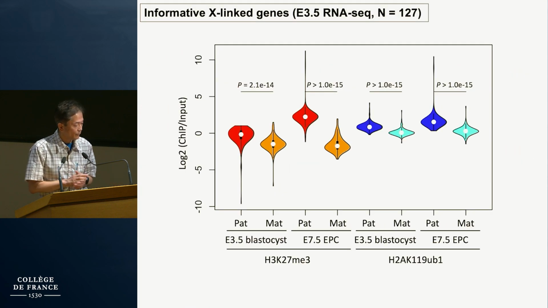And then we focused on the genic region of the informative X-linked genes in this E3.5 RNA sequencing. What we saw is that in E3.5 and E7.5 embryos, H3K27 trimethylation and uH2A both gradually accumulate on the paternal X-linked gene body region.